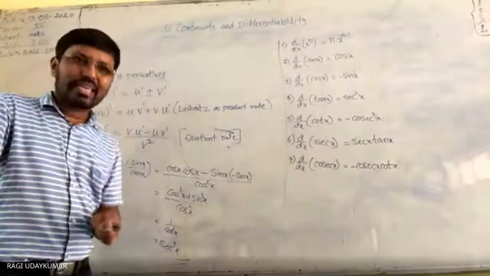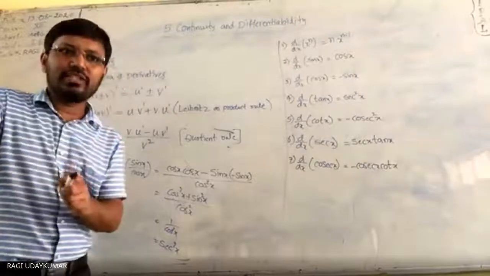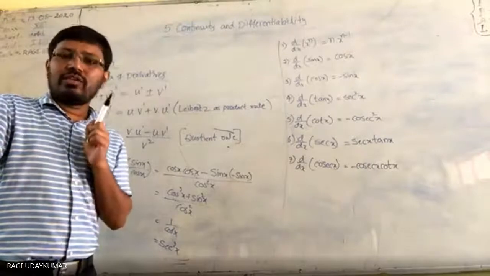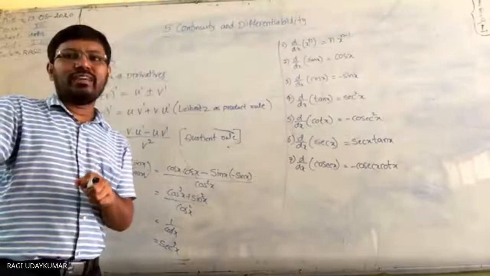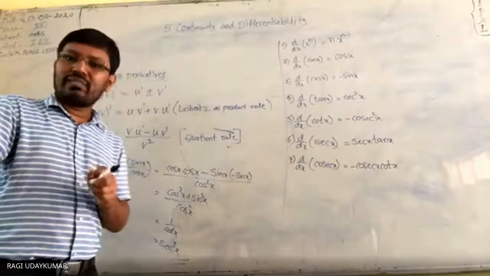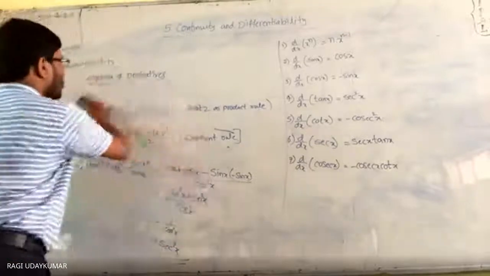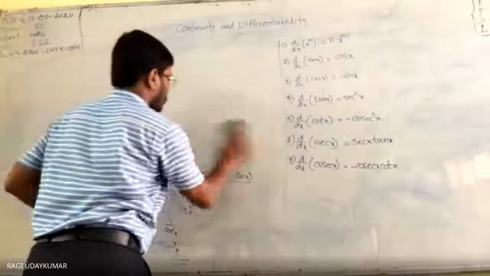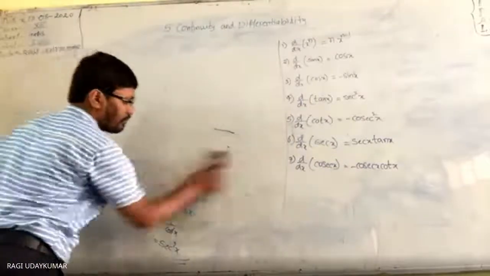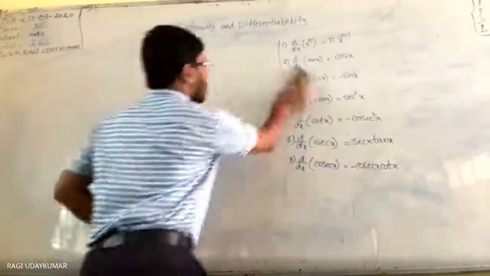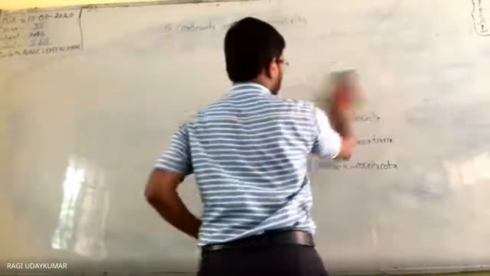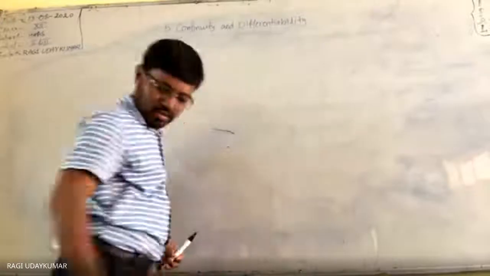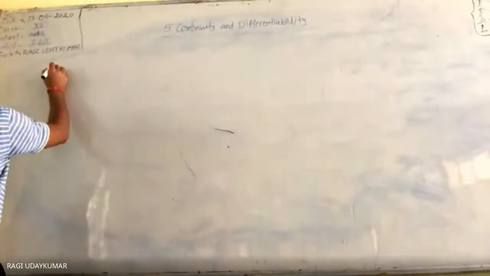If it is given that a function is differentiable at a particular point, that can be taken into consideration whenever you take differentiability. This theorem you need to know, and keep it in your notebook also. There may be a chance of getting this theorem in the examination.